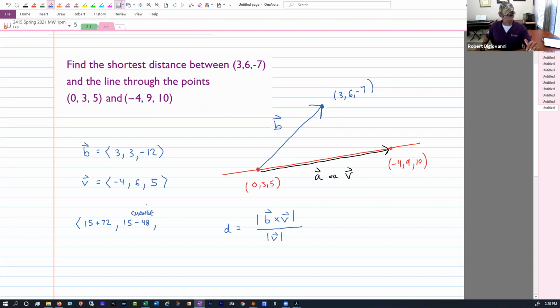And then 18 plus 12. Negative 33, but 33. Someone's going to have to check my math on this. 87, 33, 30. I think this is right. Anyone get that for the cross product? Or did I completely mess that up?